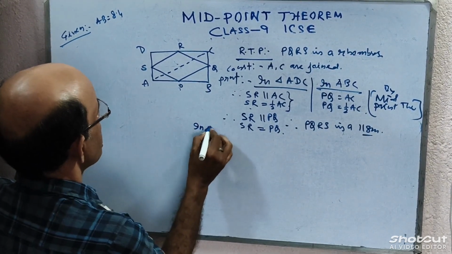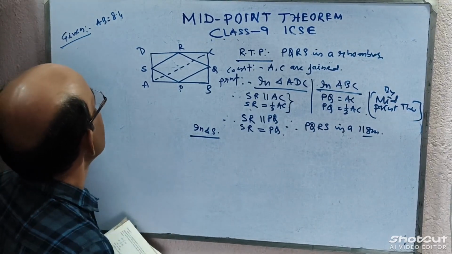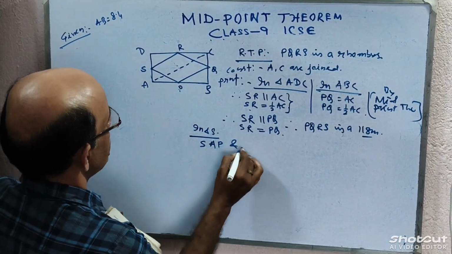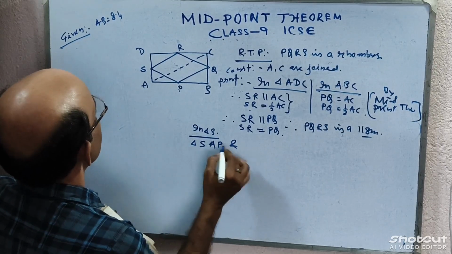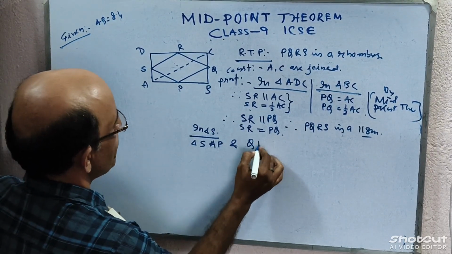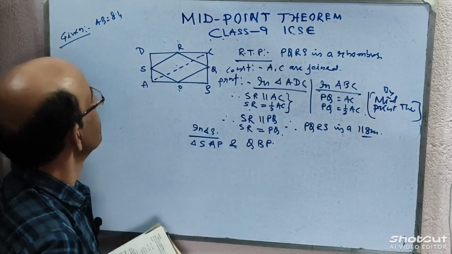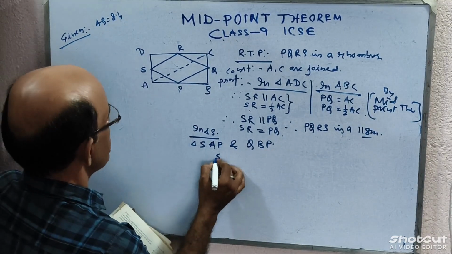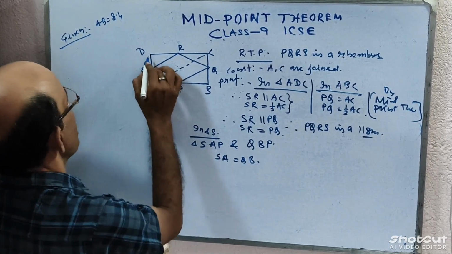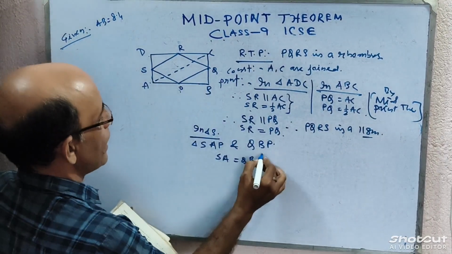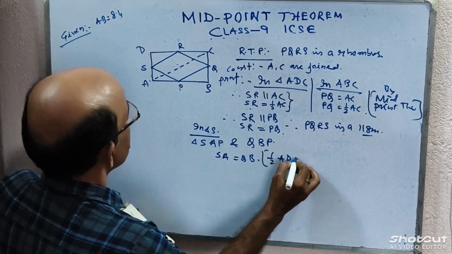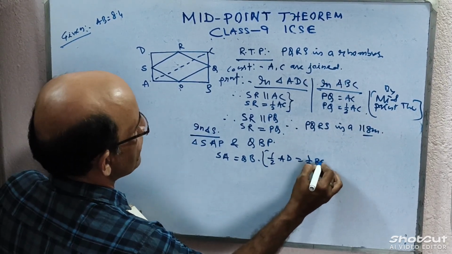Now considering two adjacent triangles, this triangle and this triangle. In triangles SAP and QBP, SA equal to QB. As AD equal to BC, তাহলে half of AD equal to half of BC.